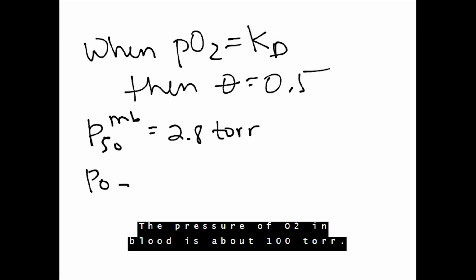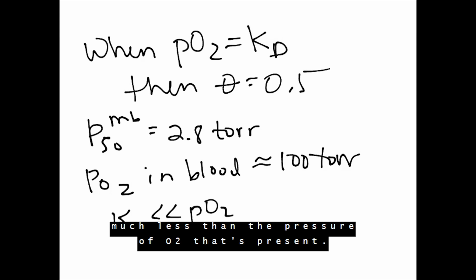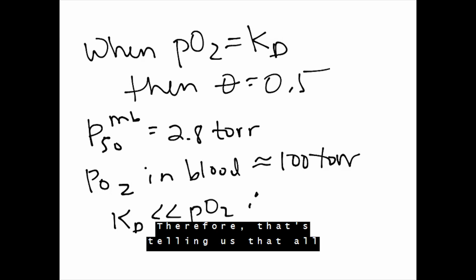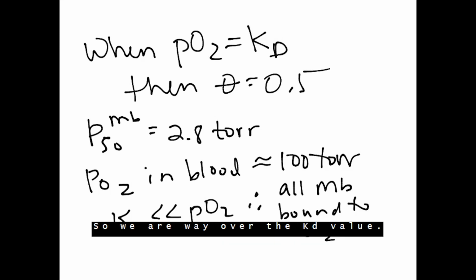The pressure of O2 in blood is about 100 torr. So that's telling us that the KD value is much, much less than the pressure of O2 that's present. Therefore, that's telling us that all of our myoglobin molecules are bound to oxygen. So we are way over the KD value.